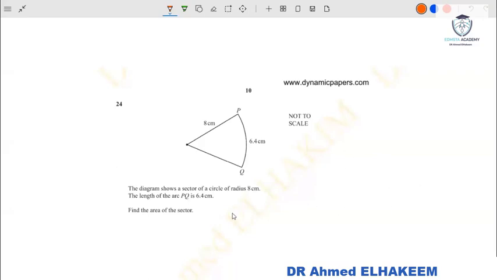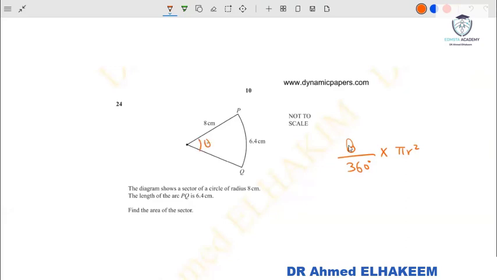Okay, no problem. I will write. So the rule will be as follows: the area of sector is theta over 360 times pi r squared. Right?